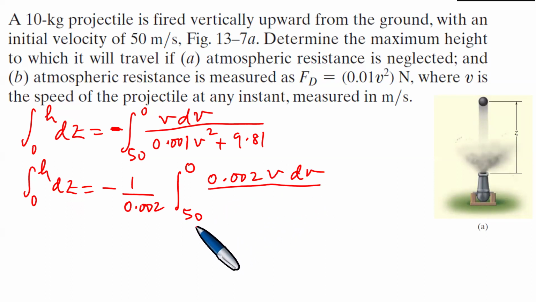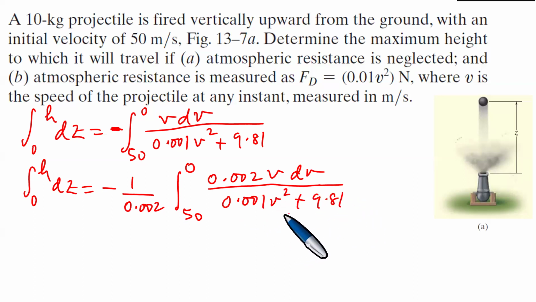You divide everything by 0.001 v squared plus 9.81. So we have exactly that. Now what we then have in here is exactly this.